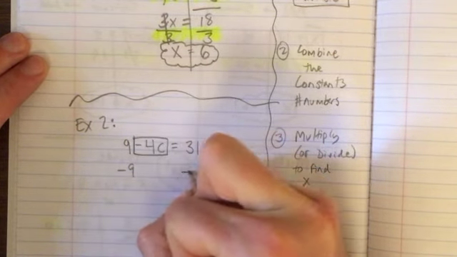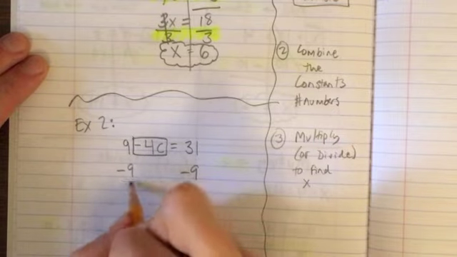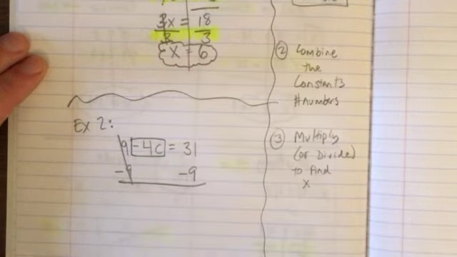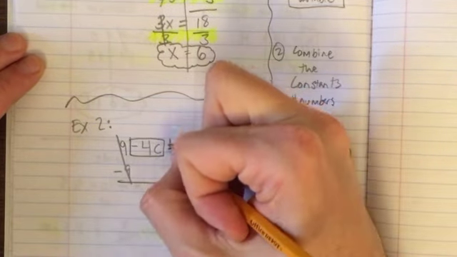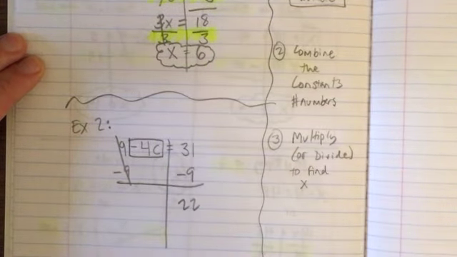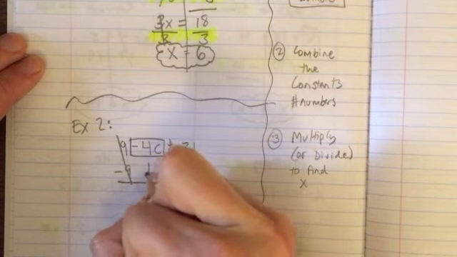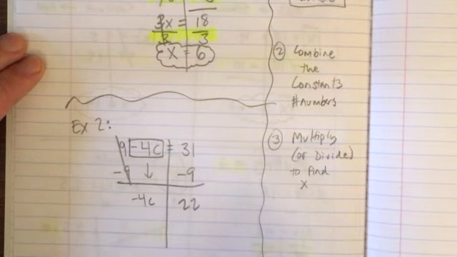Anything I do to one side, I do to the other, right? 9 minus 9. 31 minus 9 is 22. Forgot to separate both sides, but that's good to do. And now I'm just going to bring down this negative 4c, right?